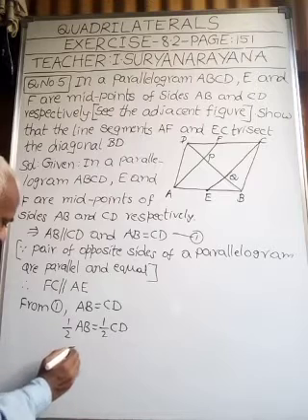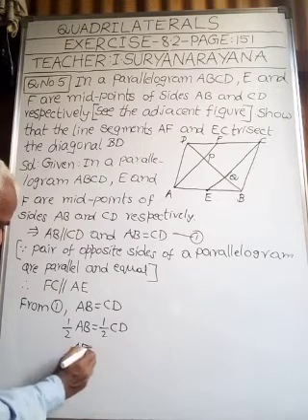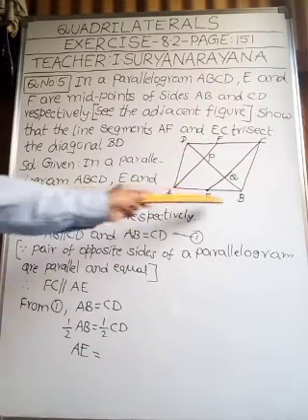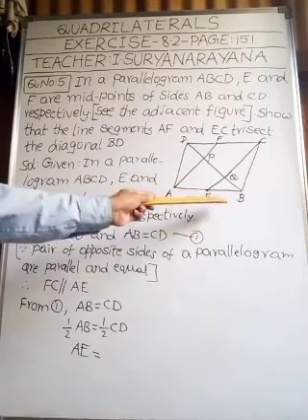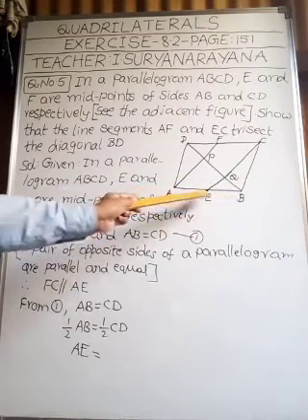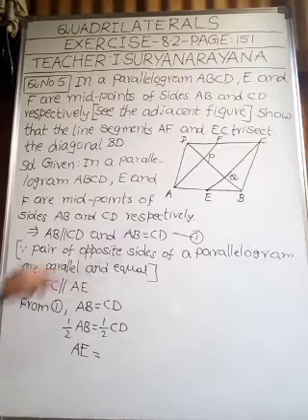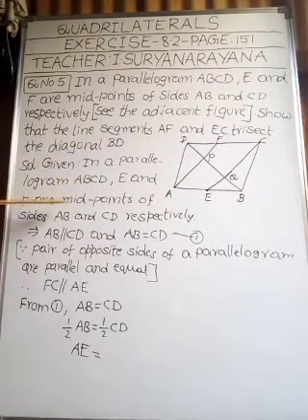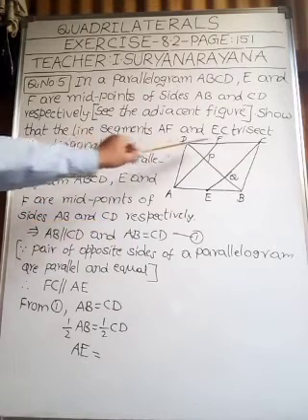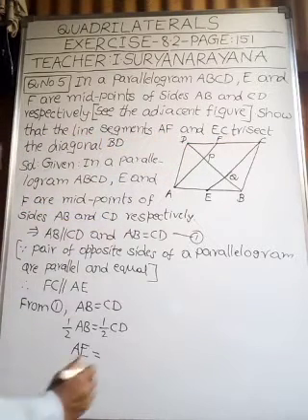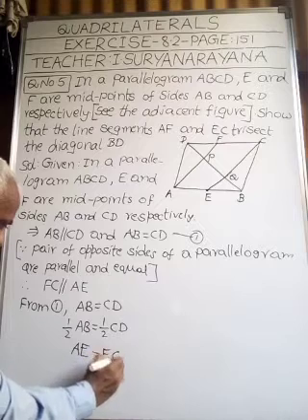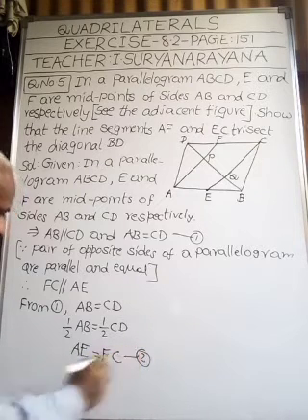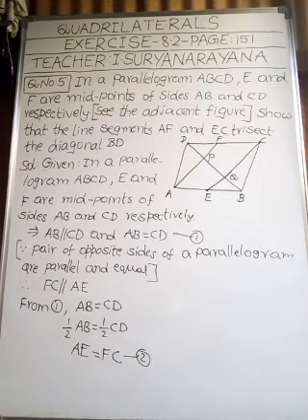AE. Can we write it or not? Because E is the midpoint of AB. So half of AB can be written as AE, equal to half of CD. Here F is the midpoint of CD. So half of CD can be written as FC. Okay, my children, understood?